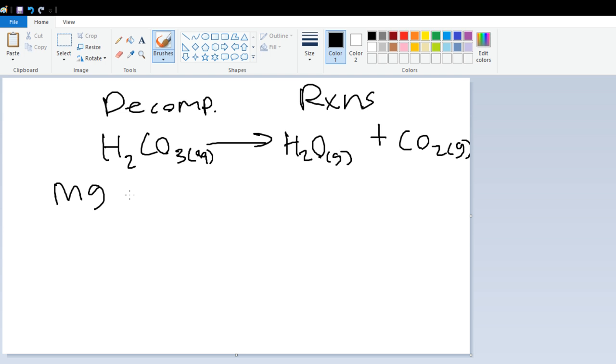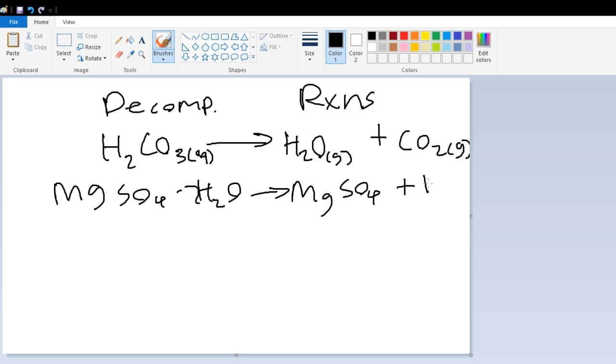You're going to want to do just the salt times the water, and then split them up. Instead of the dot, it's going to be magnesium sulfate plus 7H2O. Pretty easy.